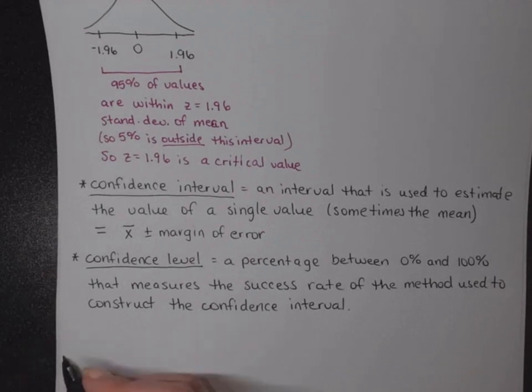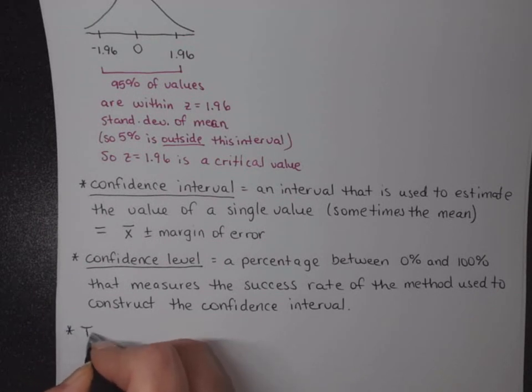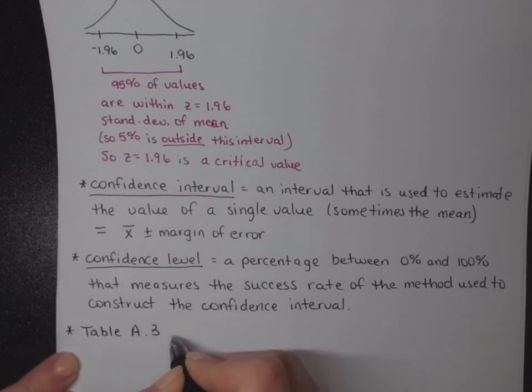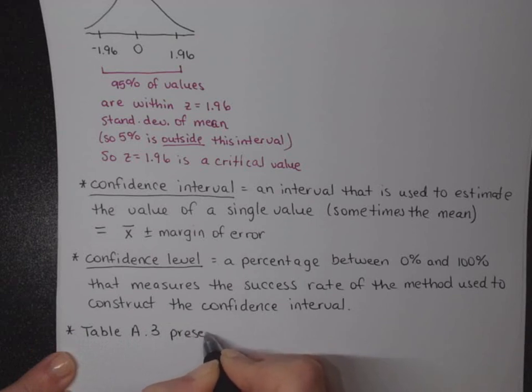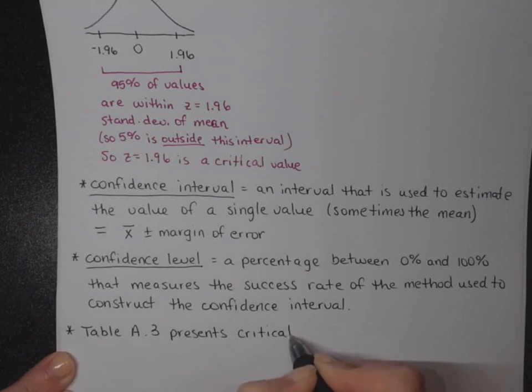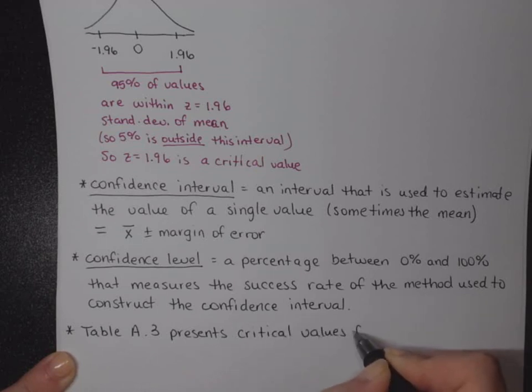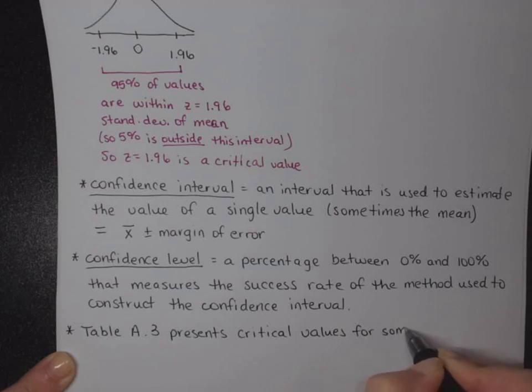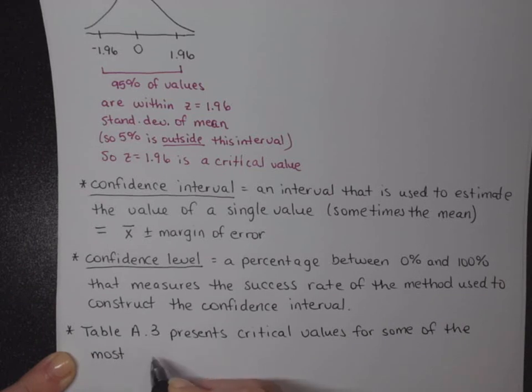All right, so one of the things that table A.3, that second table that I mentioned we would be using today, so go ahead and get that out. Table A.3, among other things, presents critical values for some of the most commonly used confidence levels.